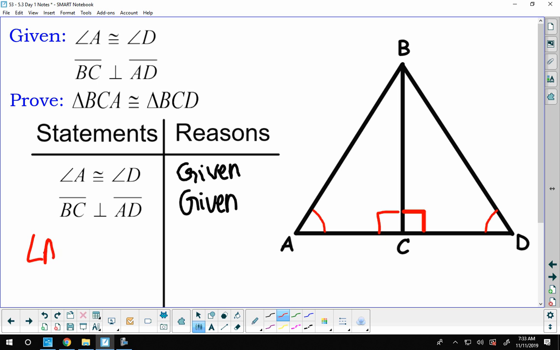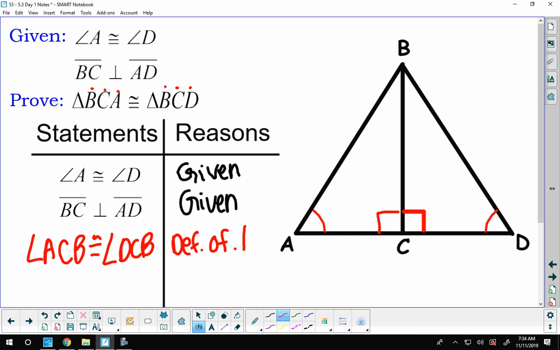angle ACB is congruent to angle, and then if you just check your congruency postulate, just make sure you're right, ACB is congruent to angle DCB. And the reason we knew that is because of the definition of perpendicular from our second given.